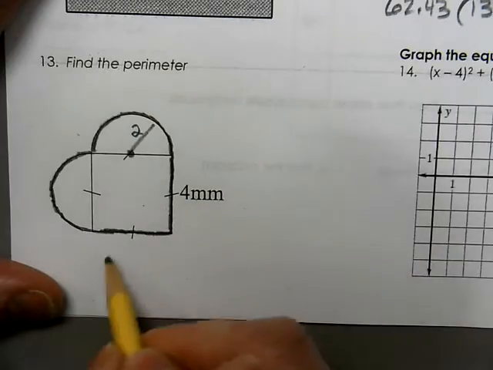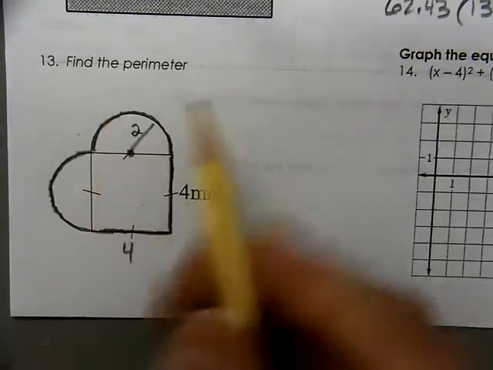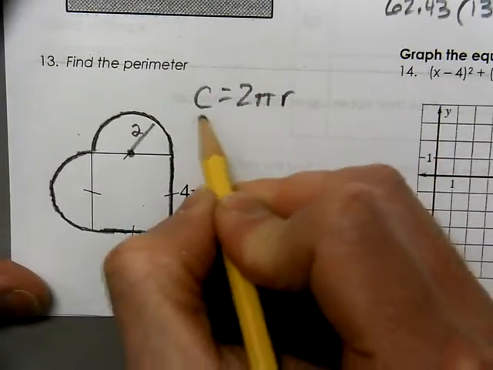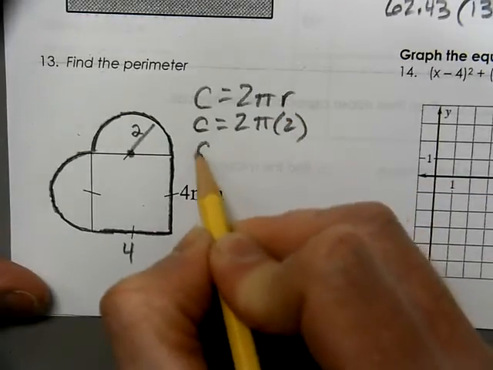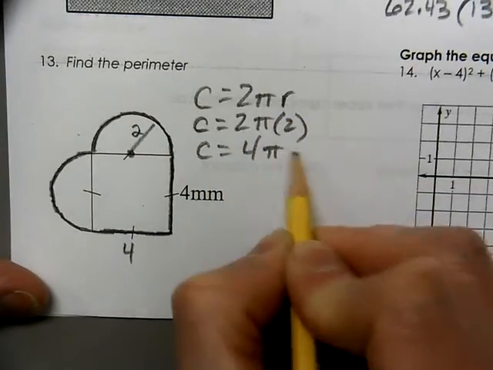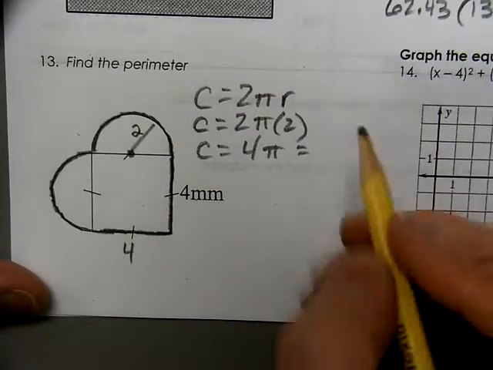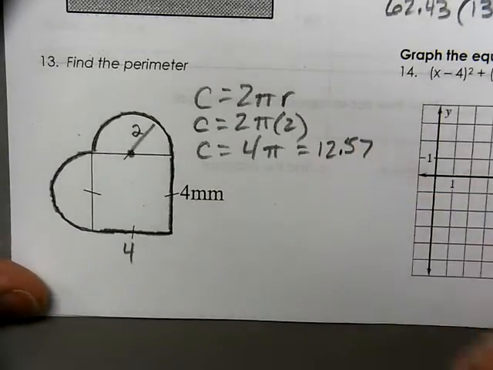So, 4, this is going to be 4. So I'm going to look for the circumference. Circumference is 2 pi r. So 2 pi times 2. Circumference is 4 pi. 4 times pi, 12.56. Let's call it 12.57.